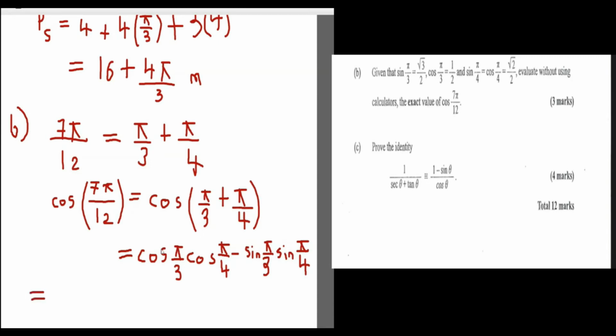So cos pi by 3, they told us, is a half.